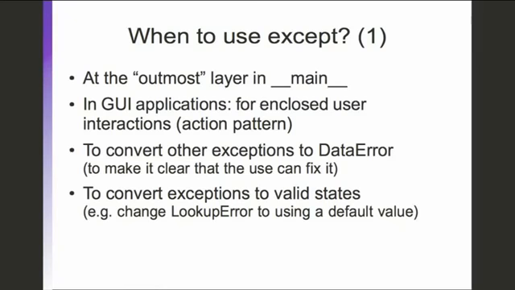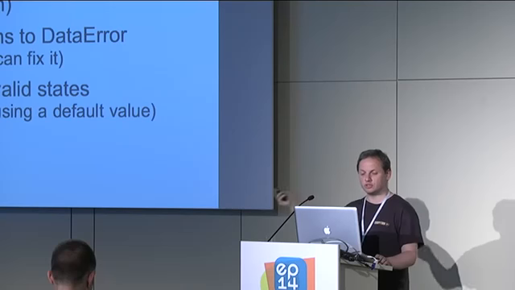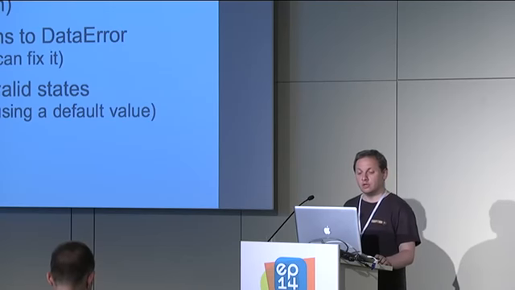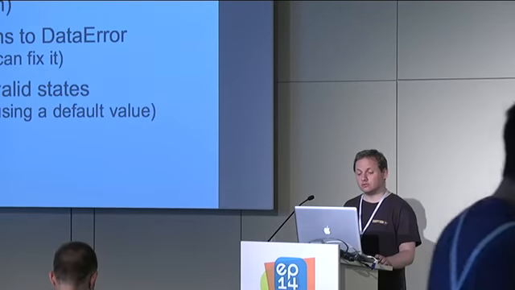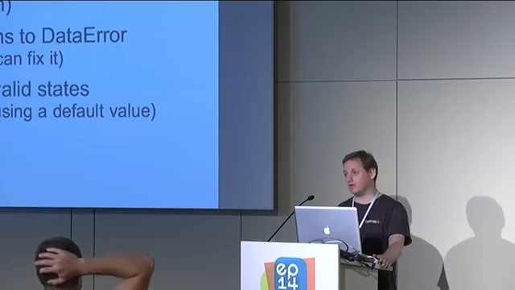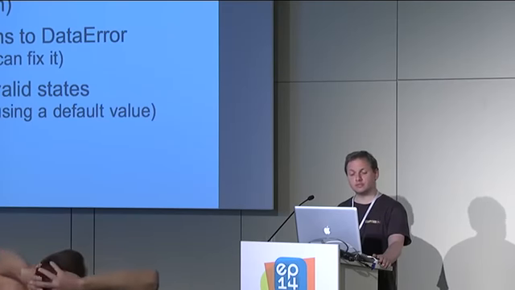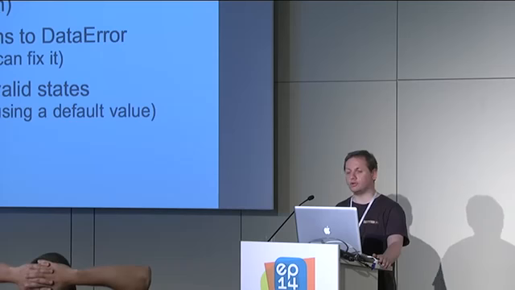If an enclosed operation fails, you can say this operation failed, and you have to establish this or that condition. You should also use except to convert other exceptions to data error, as I've just shown, to make it clear who's responsible. And you can use except to convert errors into valid states, which is a bit of a risky principle, but where it works reasonably well is, for example, to provide default values for things that are simply not there.